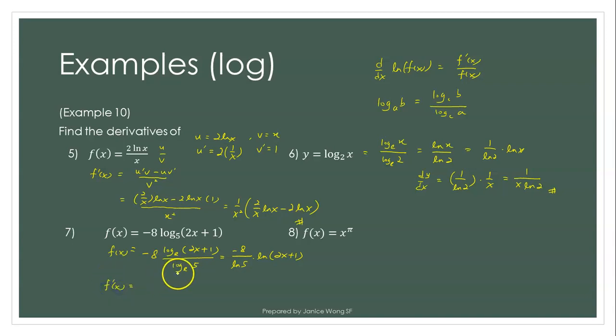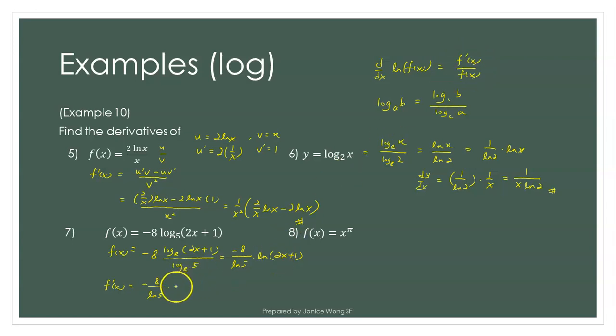f prime x will be equal to, look at this for differentiation. Negative 8 over ln 5 is just a constant, a constant multiple to this ln term. So I keep negative 8 over ln 5 times, let's differentiate ln 2x plus 1. We know that when we differentiate ln f(x), it equals f prime x over f(x).